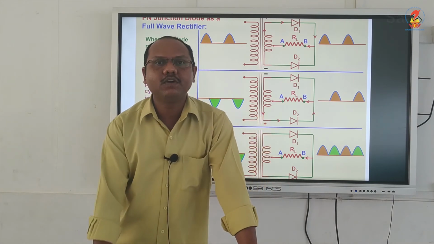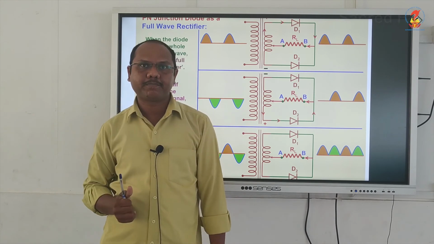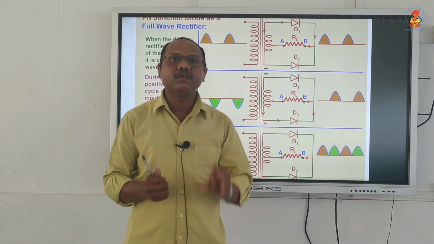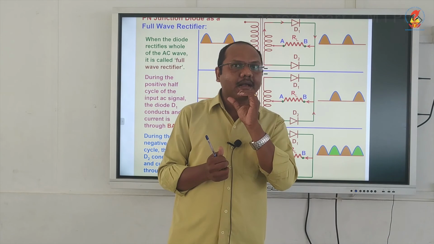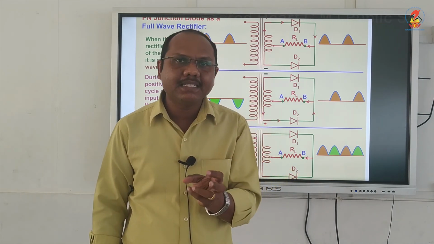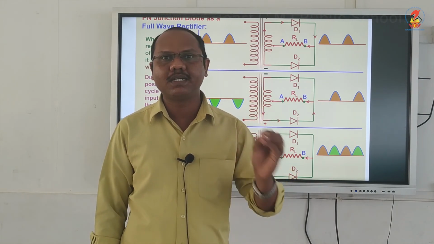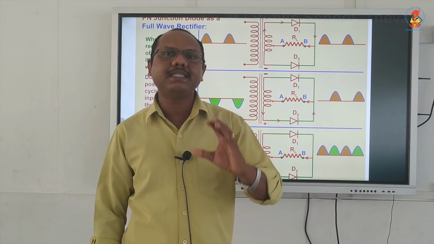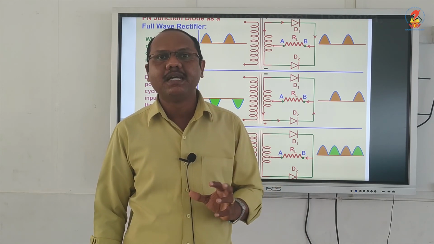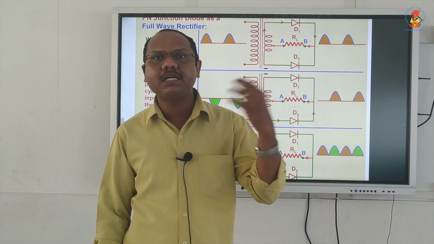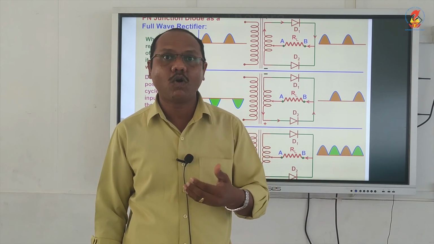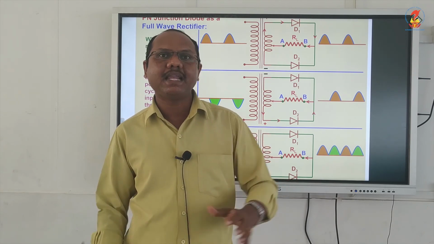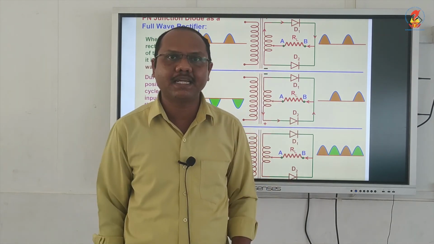For filter circuits, we use a capacitor. We studied that the capacitor will block DC. So if I connect a capacitor in the circuit, the capacitor will bypass all the AC components, and it will block all the DC components.